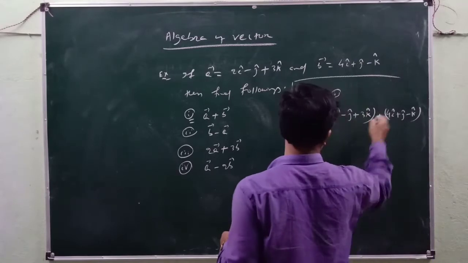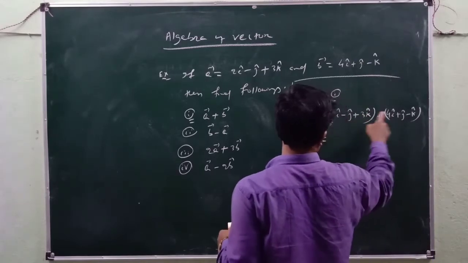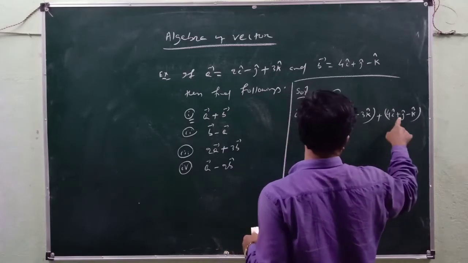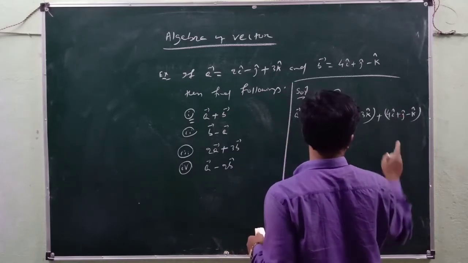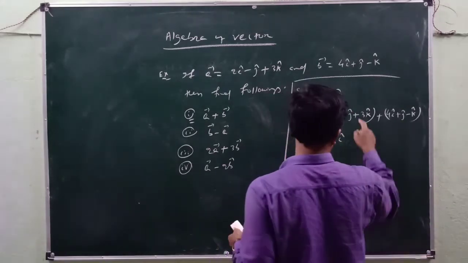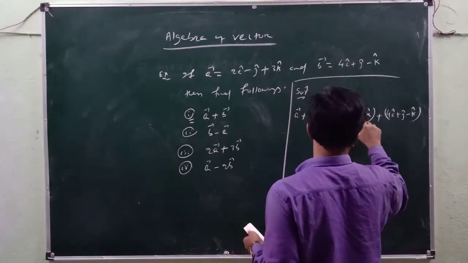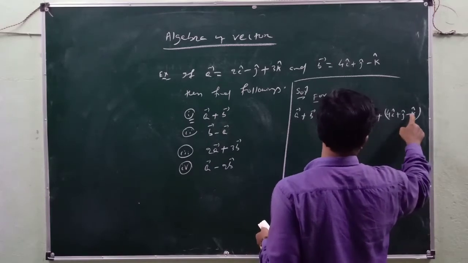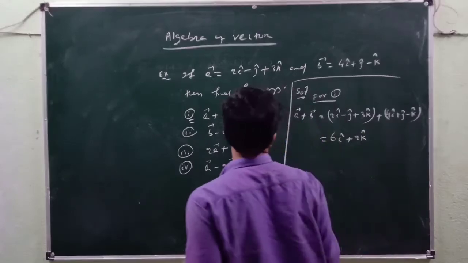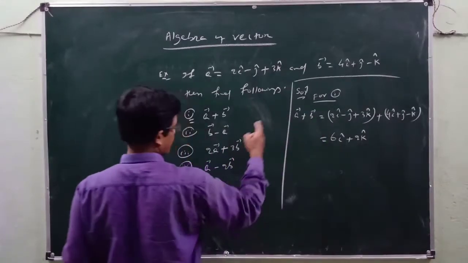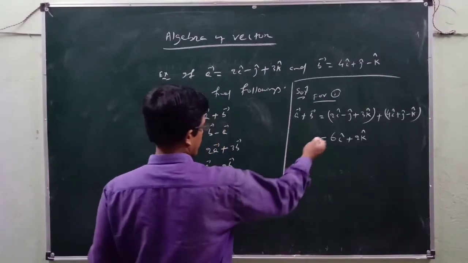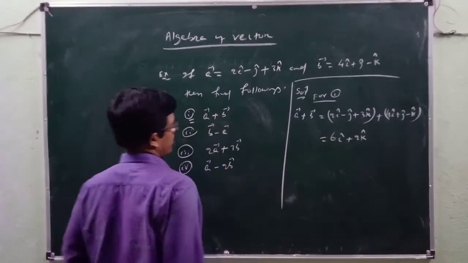That will be, here look, 2 plus 4, it will be 6i cap, then minus 1 plus 1, it will be 0, so 0 into j cap, it will be 0. Then plus 3k cap minus k cap, it will be plus 2k cap, which will be the value of a vector plus b vector. That means it will be the answer of the first bit.